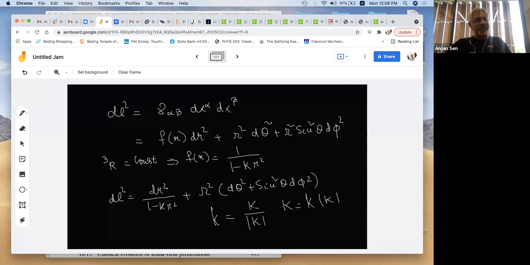If k is 0, that's flat space. Depending on whether it's a positive or a negative curvature, k can have the value +1 or -1.